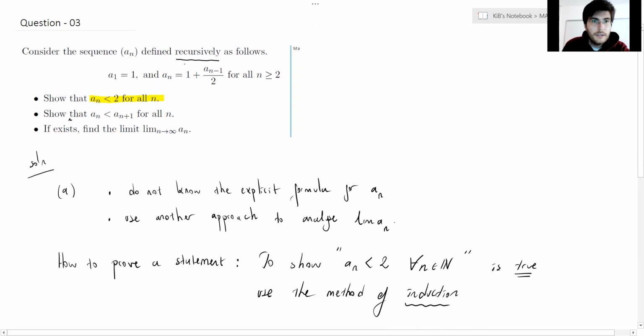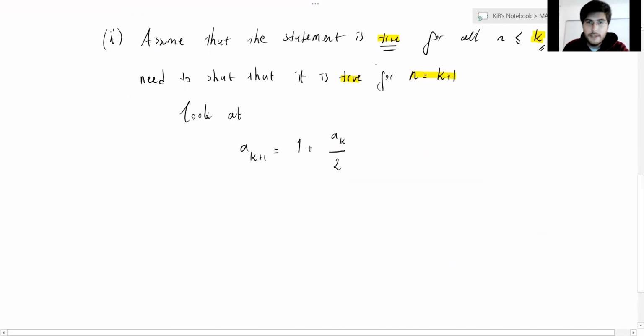So when n is k plus 1, just substitute n equals k plus 1, and you immediately see what we have here. But by assumption, this statement is true for the case n equals k.